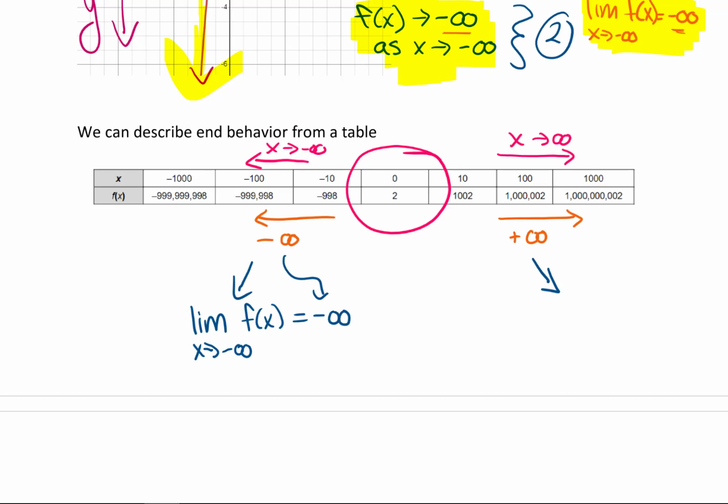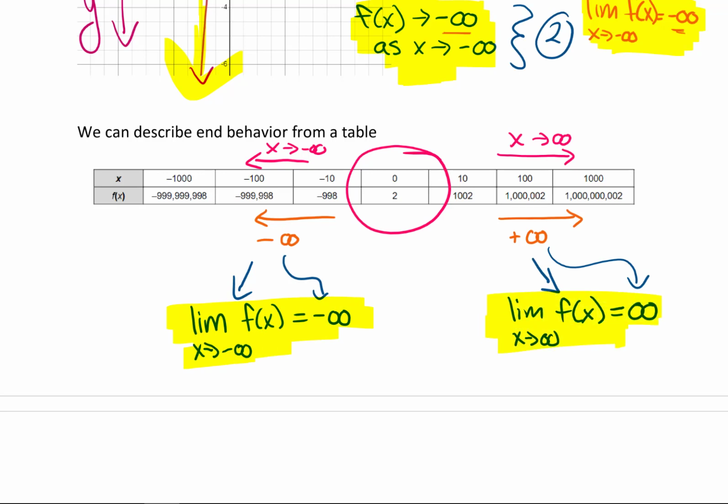And on the right-hand side, we have the limit as x approaches positive infinity of f of x is equal to positive infinity. Both of these together are the answers for end behavior.